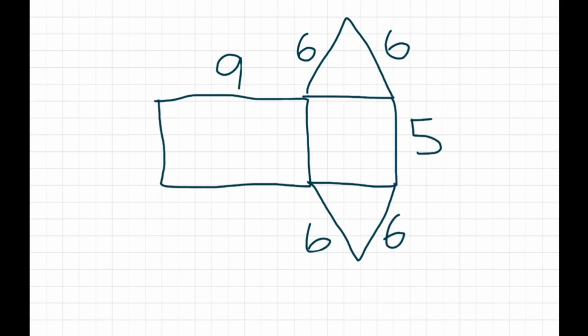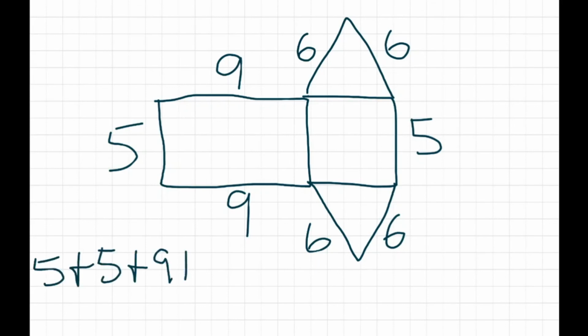Okay, so hopefully you took a moment and paused the video and tried to find the perimeter. So we know this side is 9 and this side is 5 because it's opposite of here. So we can add all of these numbers together. So we have 5 plus 5 plus 9 plus 9 plus 6 plus 6 plus 6 plus 6.